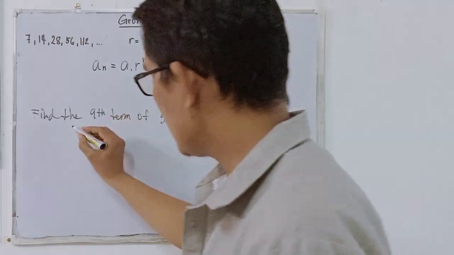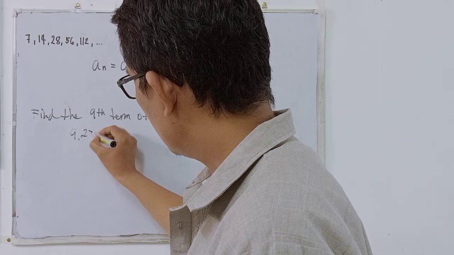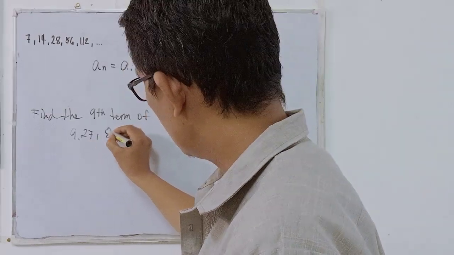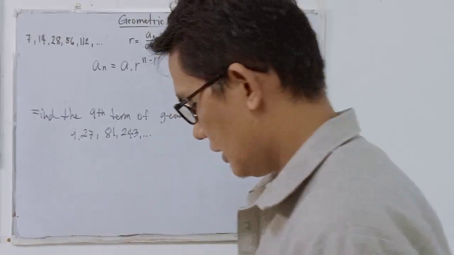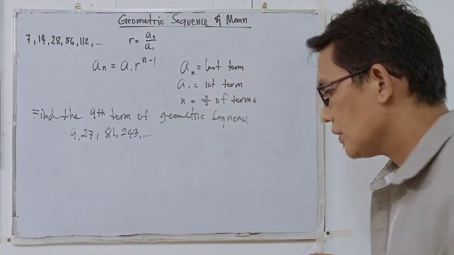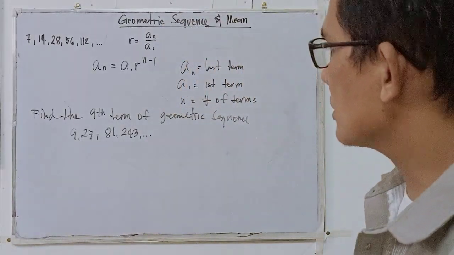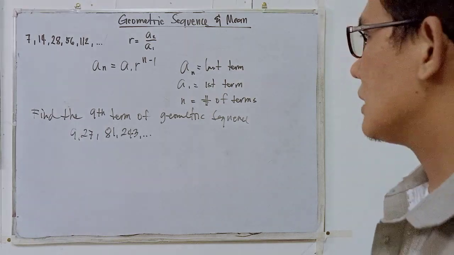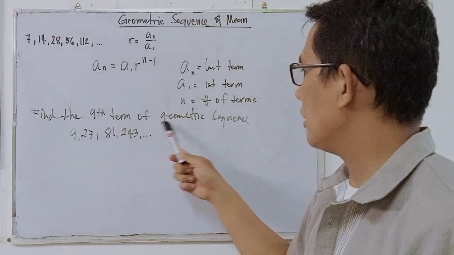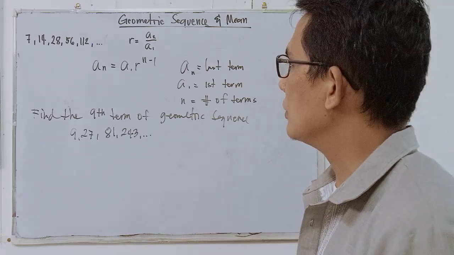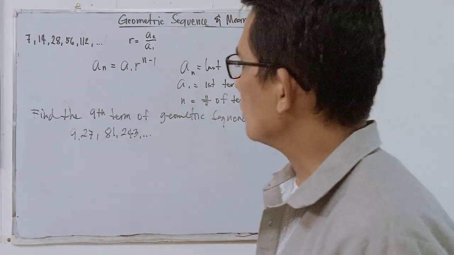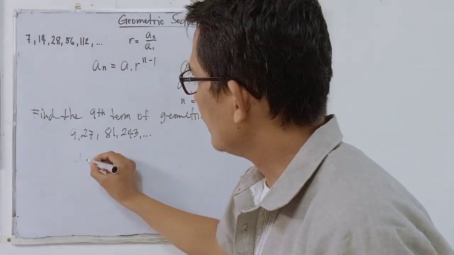The sequence is 9, 27, 81, 243, then we have the ellipsis symbol. So what is asked here is the 9th term of our geometric sequence: 9, 27, 81, and 243. Let us now use our formula.